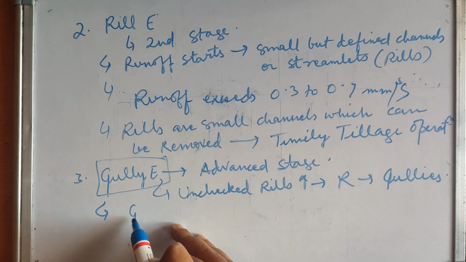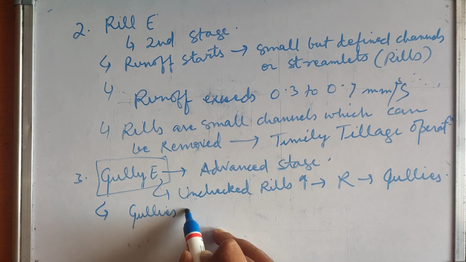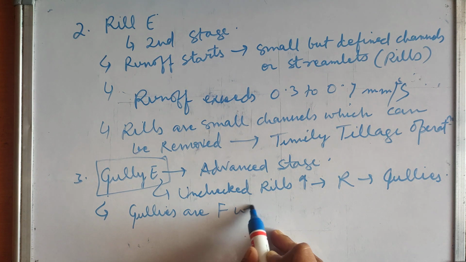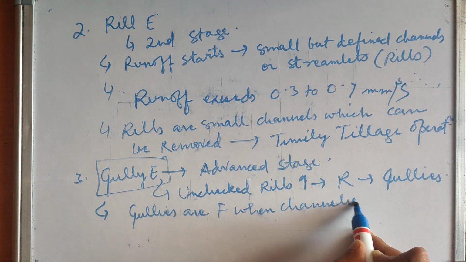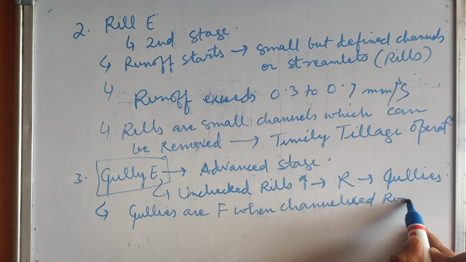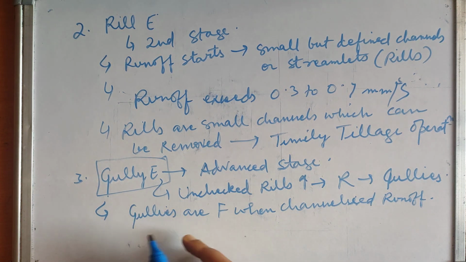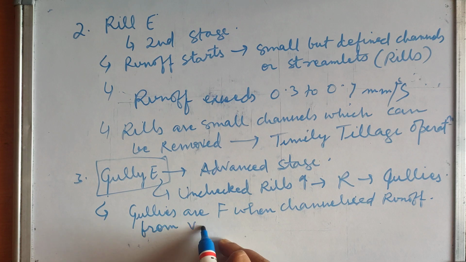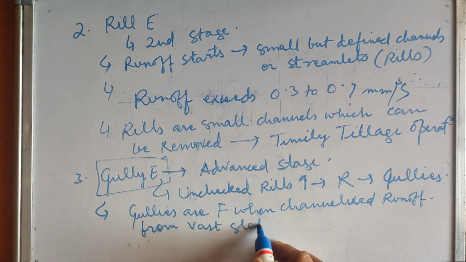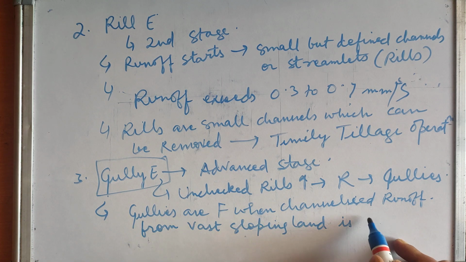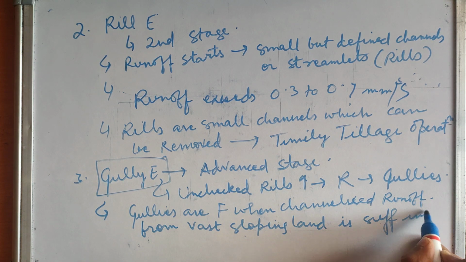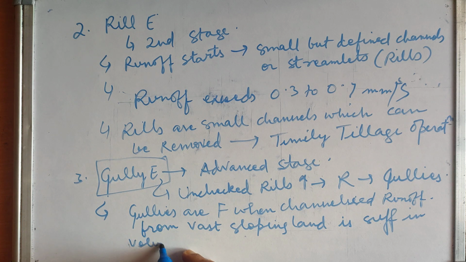Gullies are formed when channelized runoff from vast sloping land is sufficient in volume and velocity, and cut deep and wide channels.